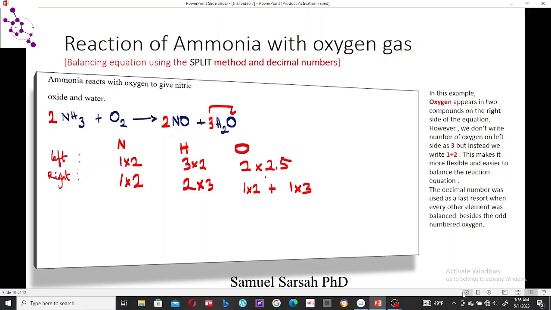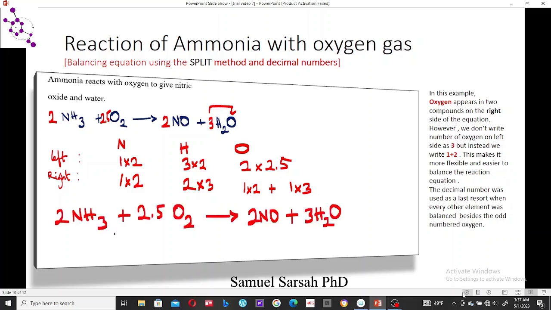Okay, that means that we have 5 on the left side. So to write the equation again, we have this balanced equation, alright.